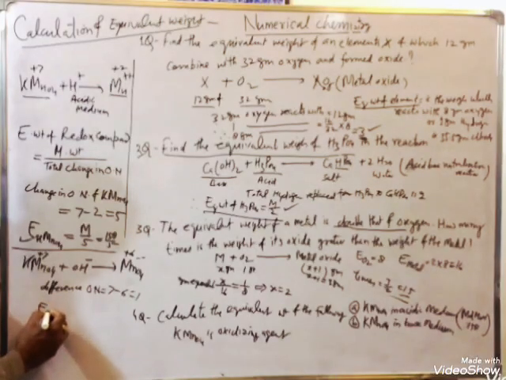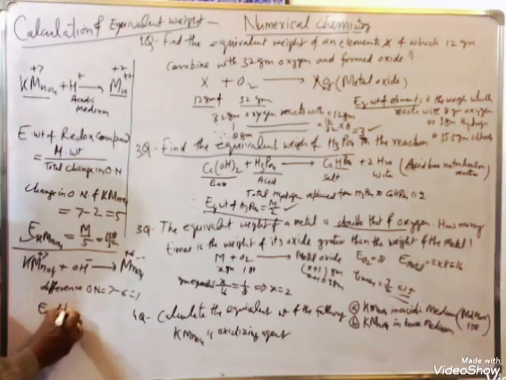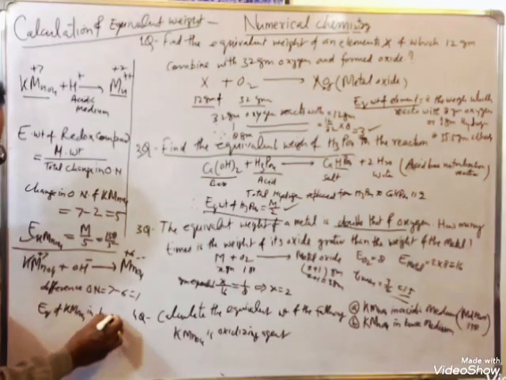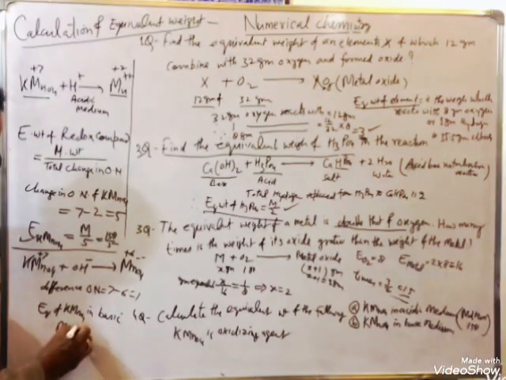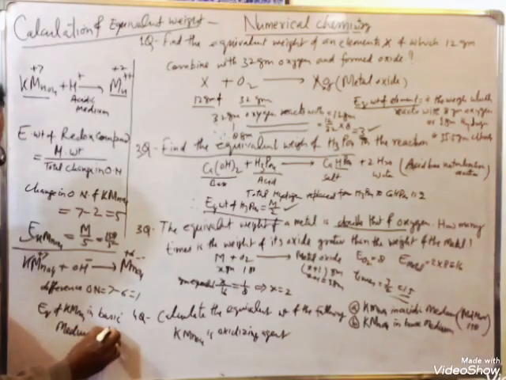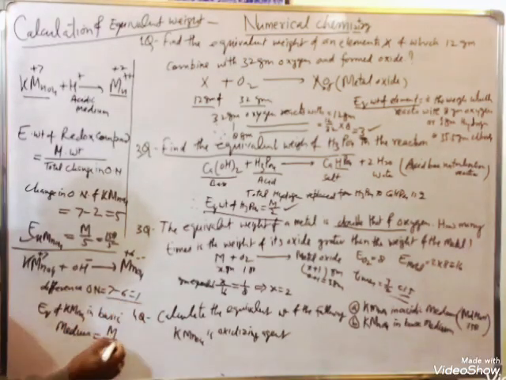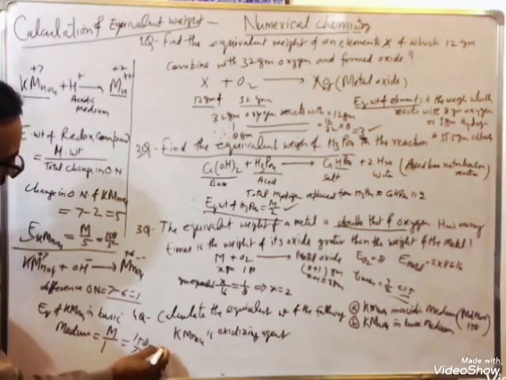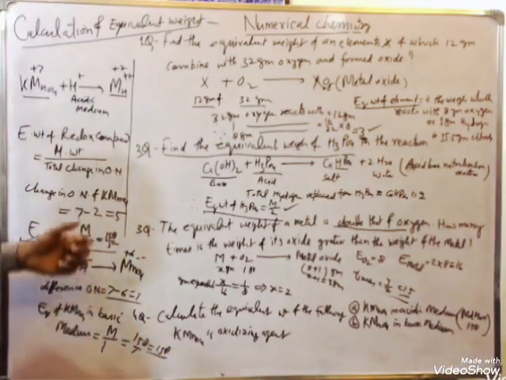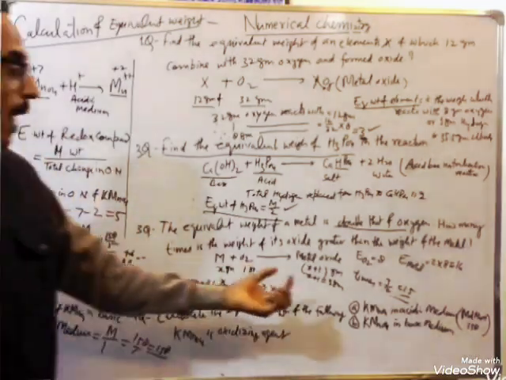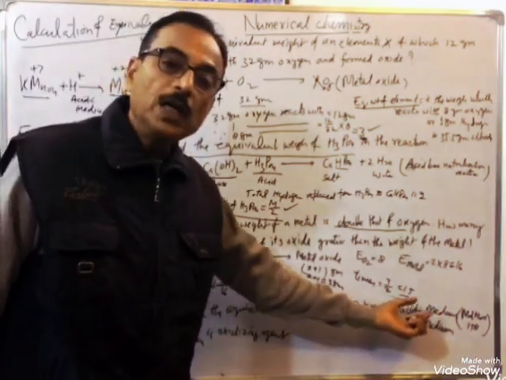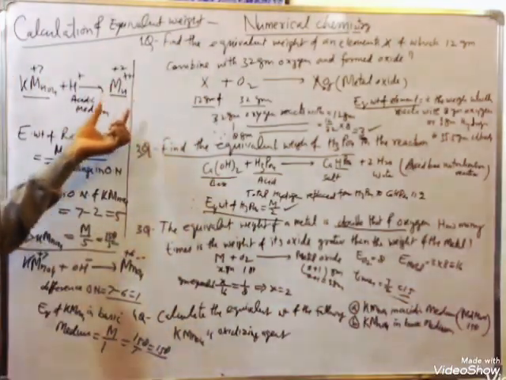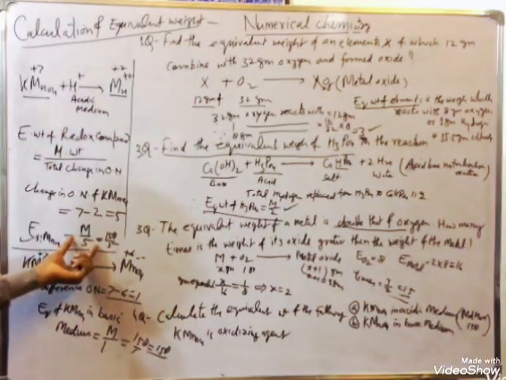So the equivalent weight of KMnO4 in basic medium is equal to molecular weight divided by change in oxidation number 1, that is 158 by 1, and it will be 158. So the same reagent KMnO4, when it reacts in presence of H+ ion, produces Mn2+ ion, so the equivalent weight is M by 5.